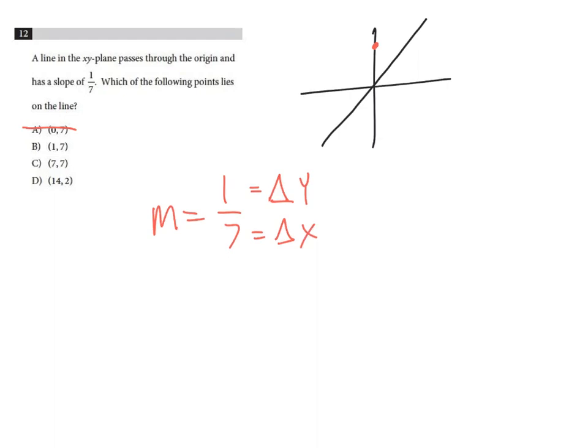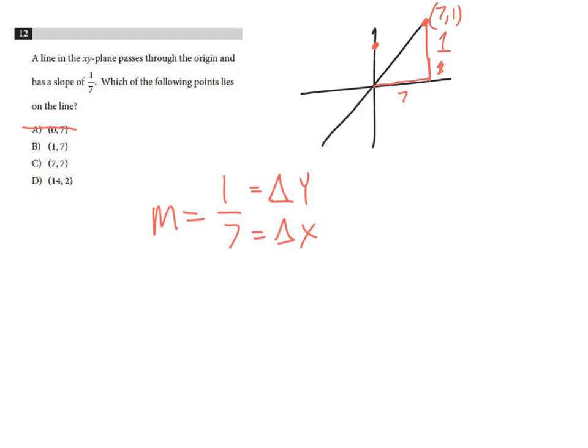Now, the graph that I drew definitely is not to scale. But what we see is that if we go over 7, we're going to go up 1 unit. This will be 1. Again, not to scale. So if we go over 7 and up 1, that means the point (7, 1) should be on the graph.